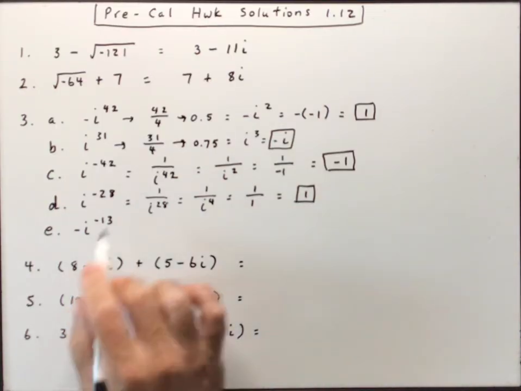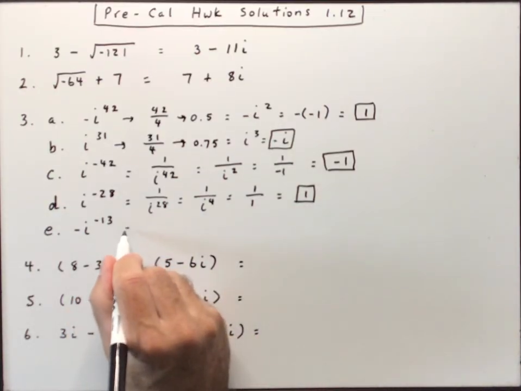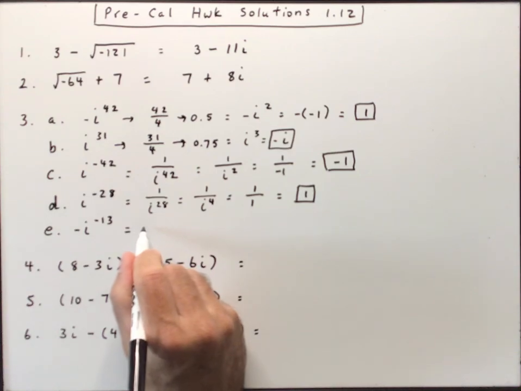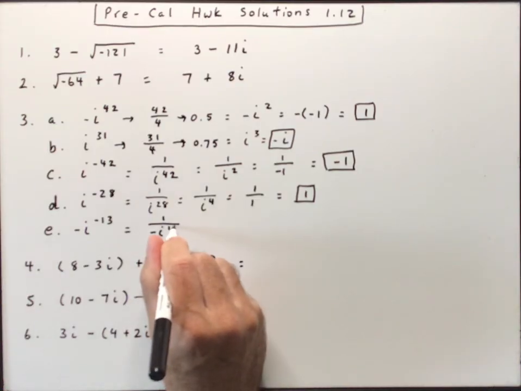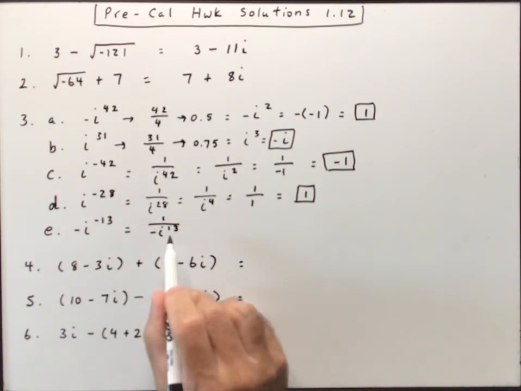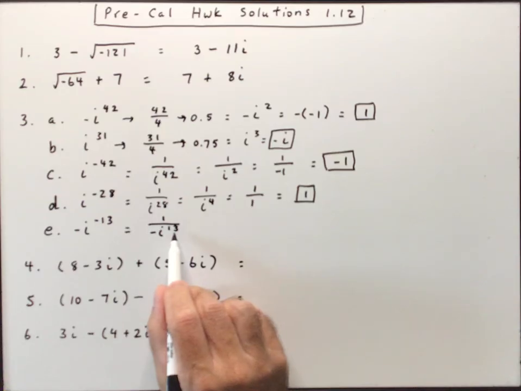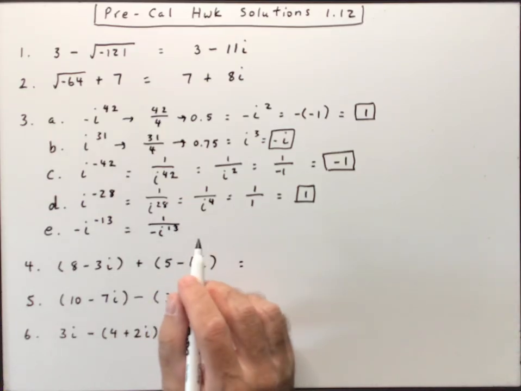And finally, i to the negative 13th, that's our negative i, that's the same as 1 over negative i to the positive 13th. Okay, 13 over 4 has a remainder of 0.25.